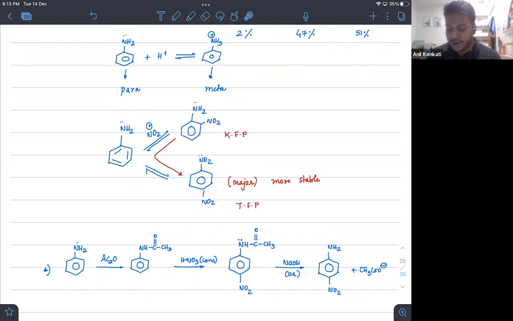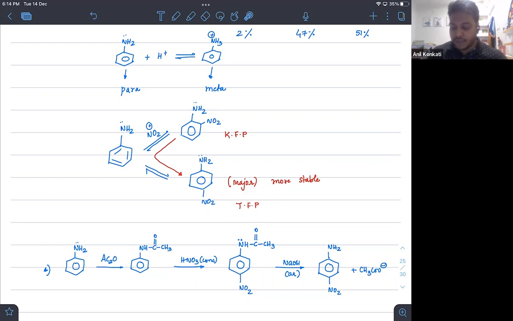See, what has been found is that the energy difference between orthonitro and paranitro is pretty less in terms of the intermediate which is forming during the mechanism. And if you see thermodynamically, para is always more stable.